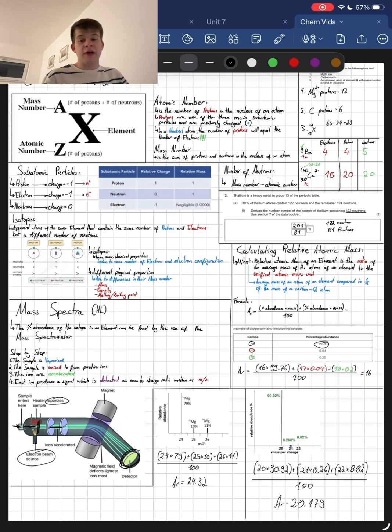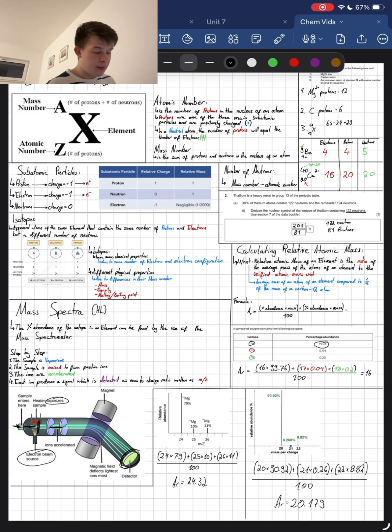We know that an isotope has an equal number of electrons and protons, and the only difference is the number of neutrons. Then we also know how to find the mass number and the atomic number. We also looked at the past paper, as you remember.